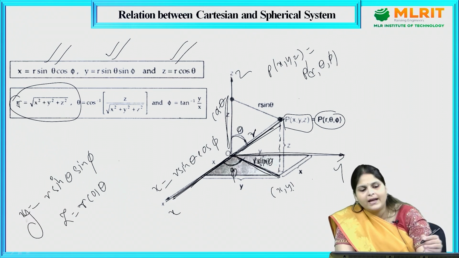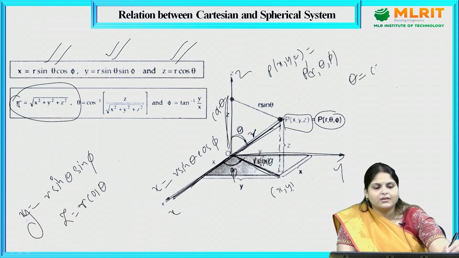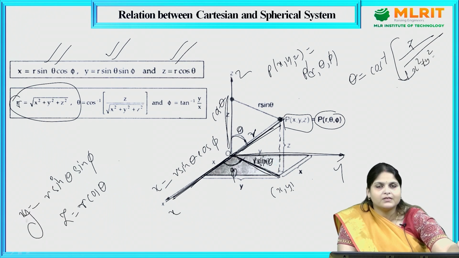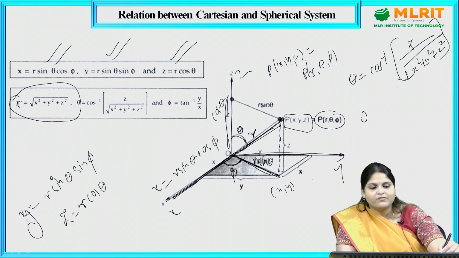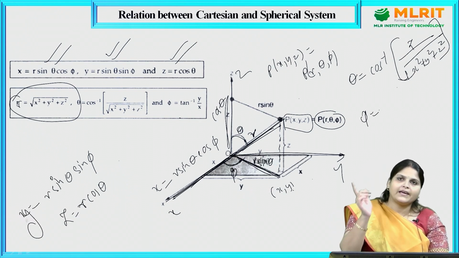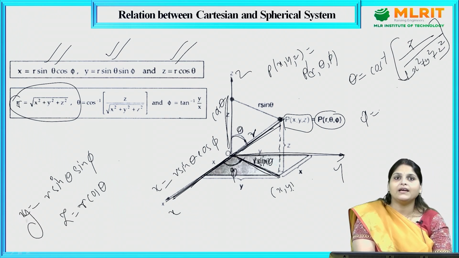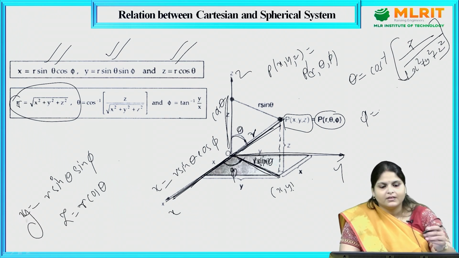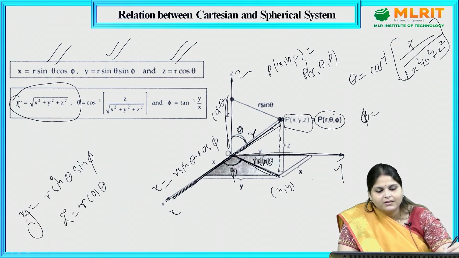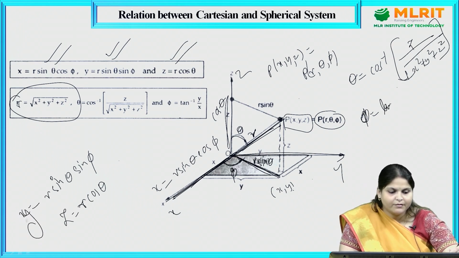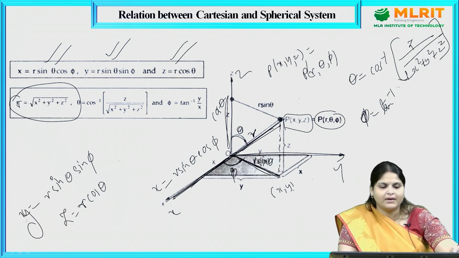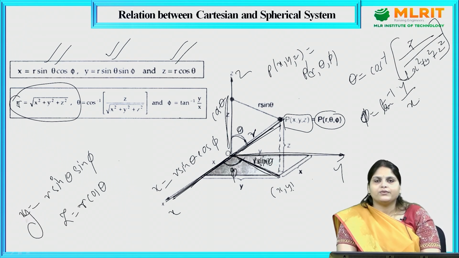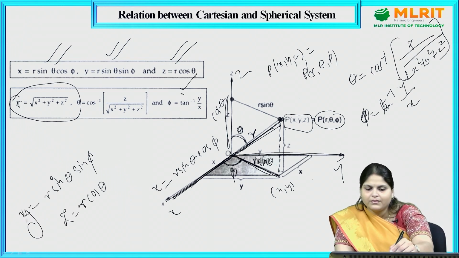If you want to find the angle theta, it becomes cos inverse of z upon the square root of x squared plus y squared plus z squared. And the phi angle is the same as before. In the case of Cartesian and cylindrical we had z common, but here we don't have any similarity, yet this angle is the same. So phi equals tan inverse y by x.